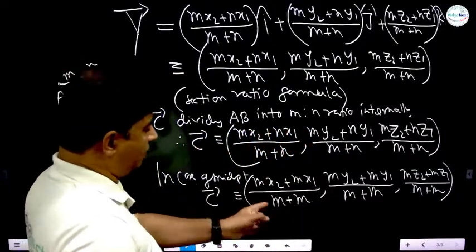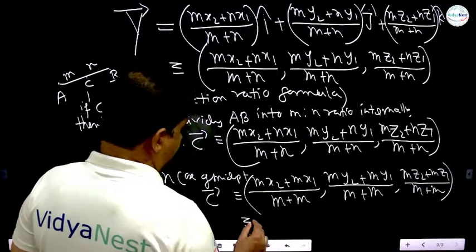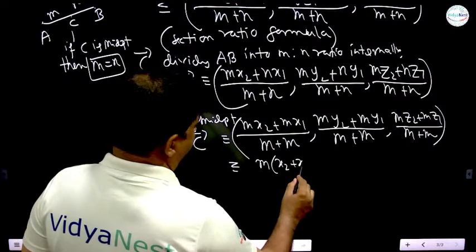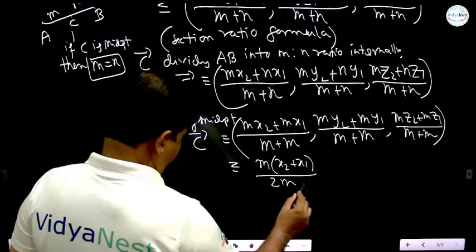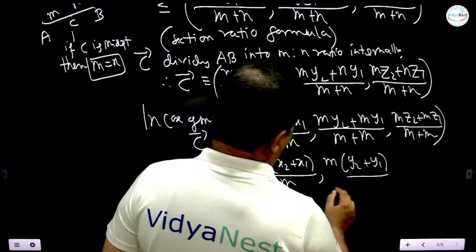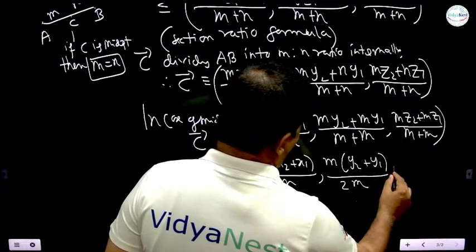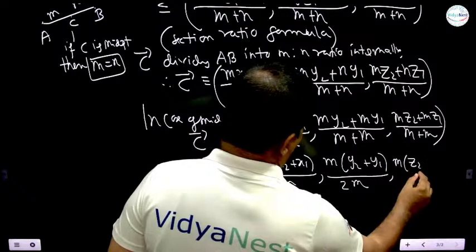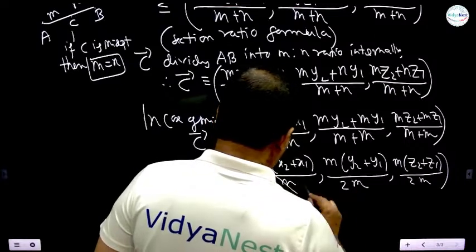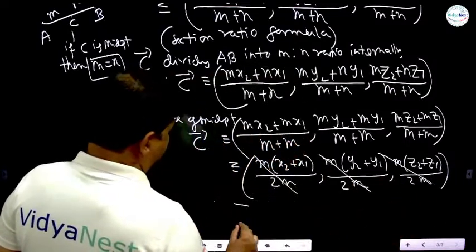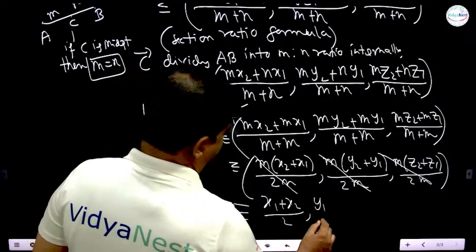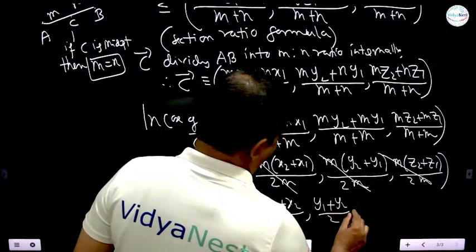So take M common, and this is the midpoint.